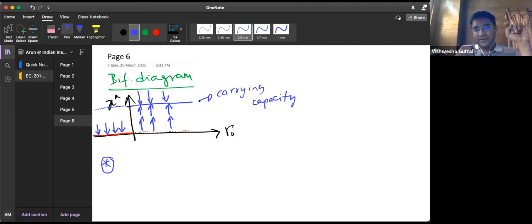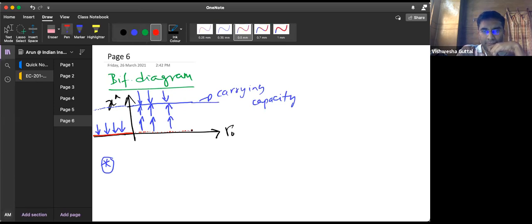Analytical calculations do not tell you what happens after that. It just tells you it becomes unstable for R greater than 2. But here, that's not the case. It's stable for all values of R. So this curve extends forever.